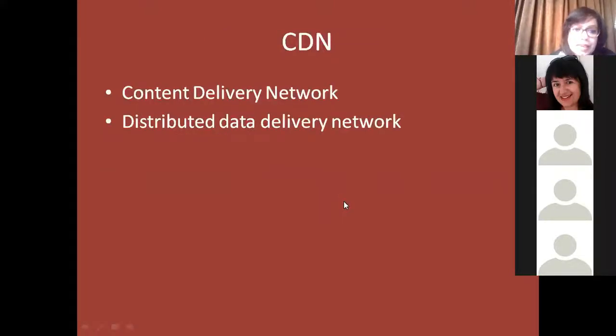Next is a CDN. What is a CDN? It is a content delivery network. It is a distributed data delivery network. What it means is that the data of your website is available on the server. We know that. That server machine resides only at one single instance.